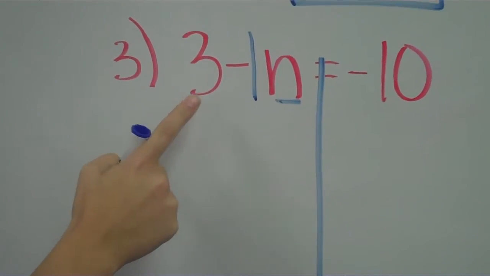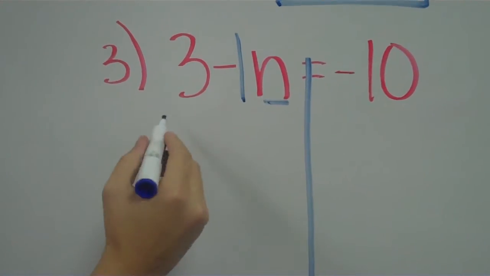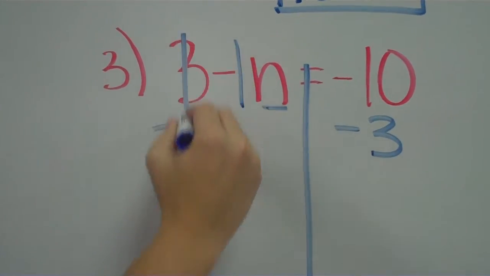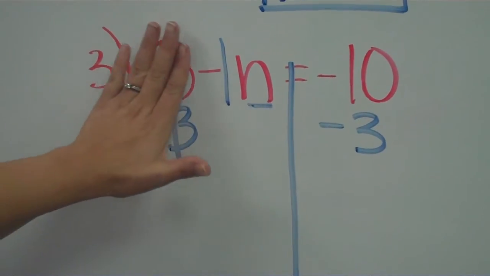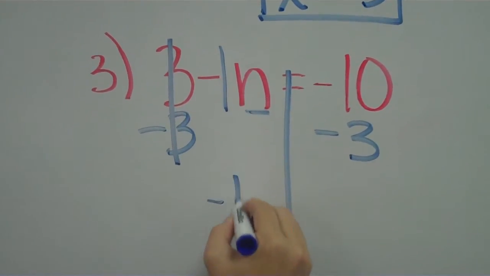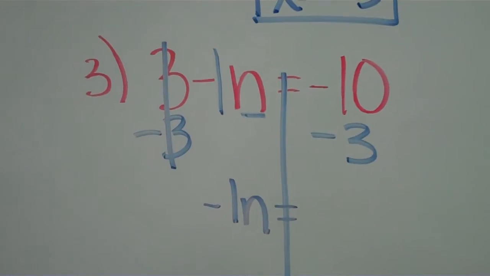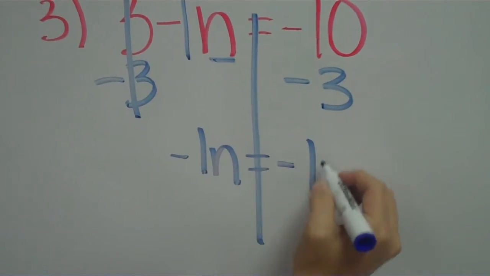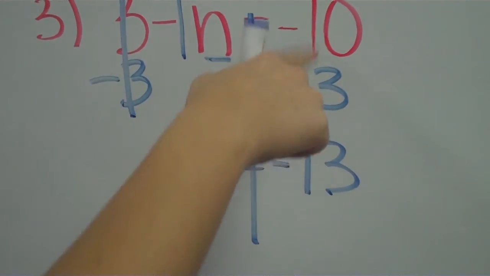The opposite of a positive 3 is a negative 3. These go away. And if that goes away, do you still see how it's negative 1n? You need to bring down negative 1n. And then in your calculator, negative 10 minus 3 is negative 13. Use your calculator if that's confusing.